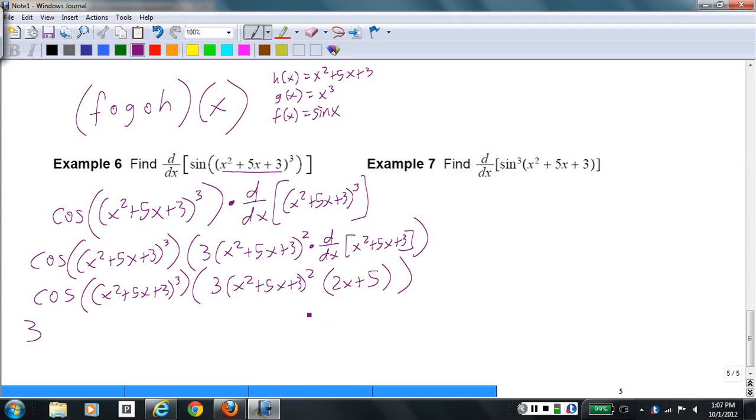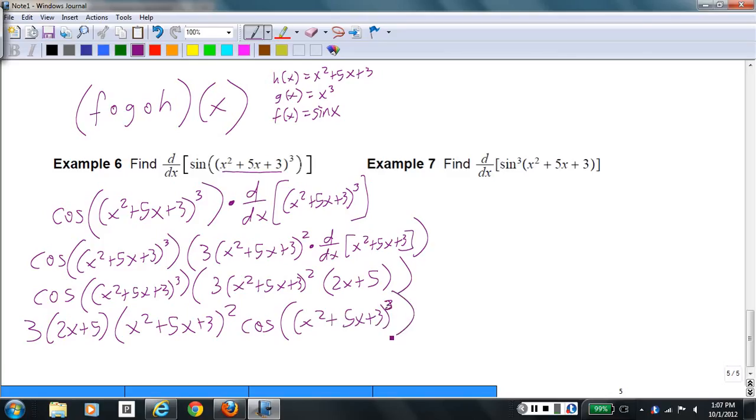You think it would look nicer with the 2x plus 5 next or the x squared plus 5x plus 3 quantity squared next? Anyone have a preference there? No preference? Okay. I'm going to go with the 2x plus 5 next. For some reason, that just feels right. 3 times 2x plus 5 times x squared plus 5x plus 3 quantity squared times cosine of x squared plus 5x plus 3 quantity cubed.